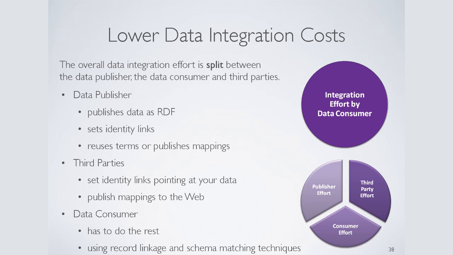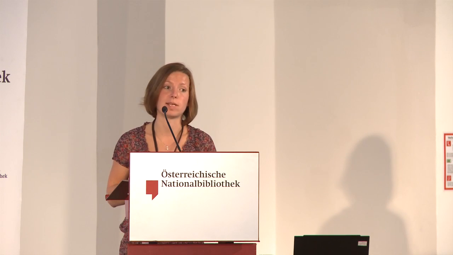He can already set links to other data sets, and he can also reuse terms from other schemata, or at least publish schema level mappings. Third parties can enhance this data by also setting links to other data sources, or publish further schema level mappings on the web of data. And the data consumer, integrating all these data, can use record linkage and schema matching techniques to further integrate and deduplicate the available data.